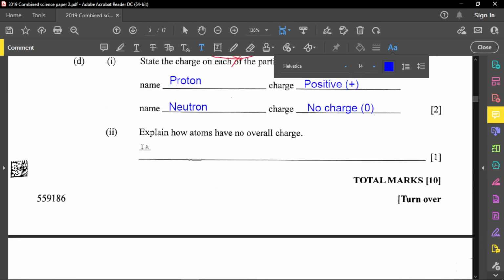All right, so let's quickly mention that. We're going to say atoms have an equal number of protons and electrons.